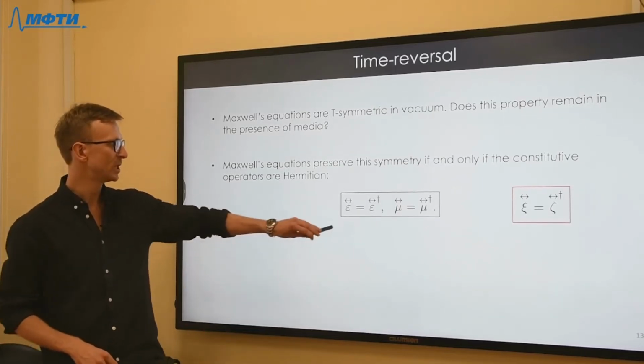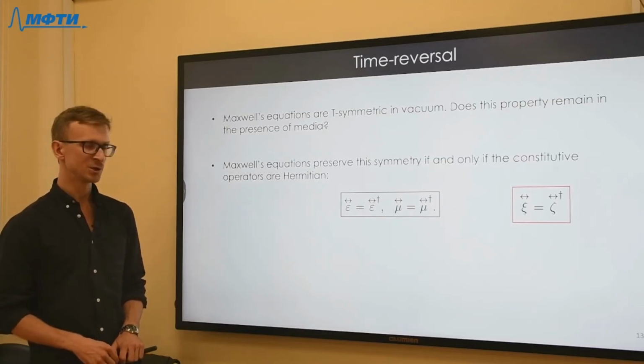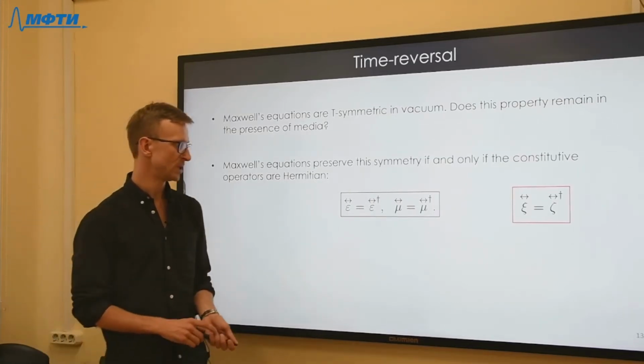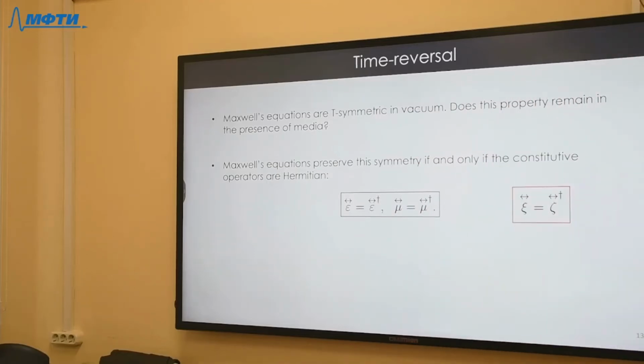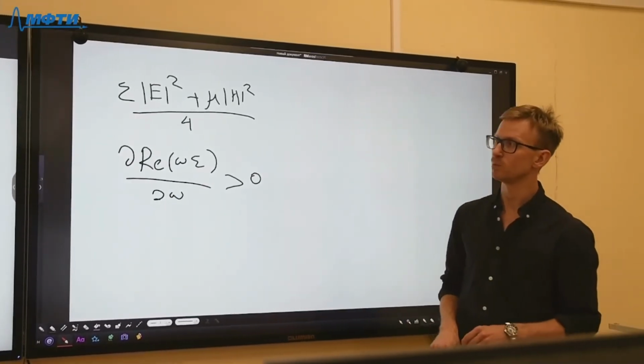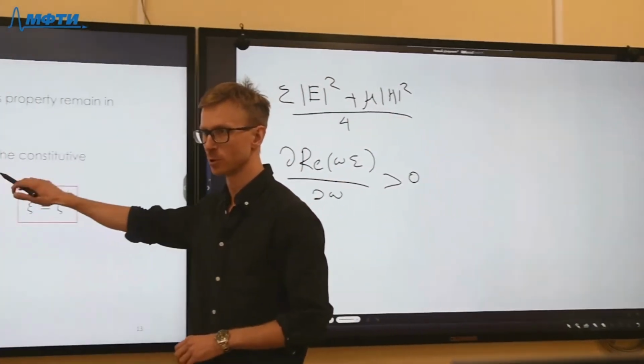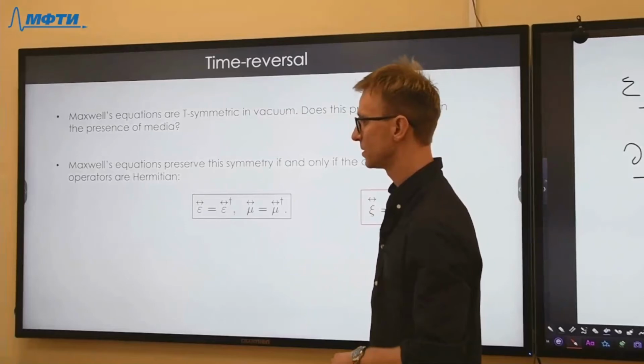What it means in the case of simple isotropic media is that epsilon and mu must be real, right? If you don't have any off-diagonal components, if these tensors are diagonal, they must be real.